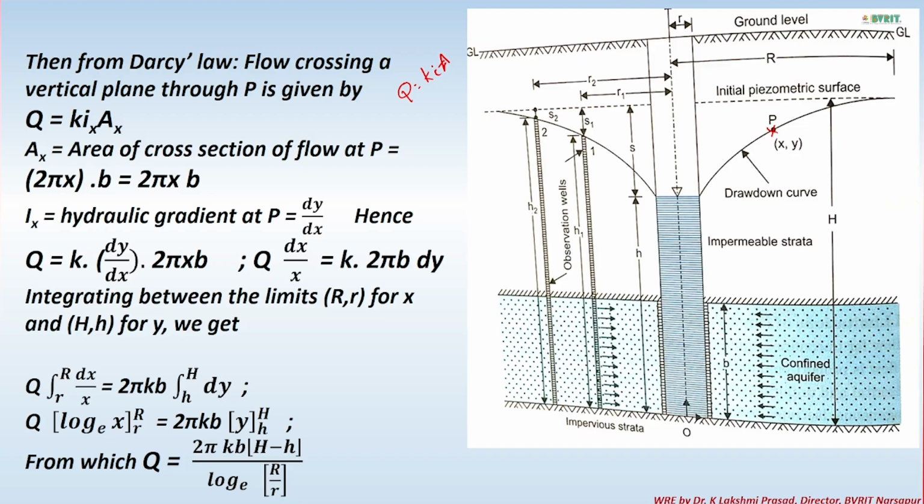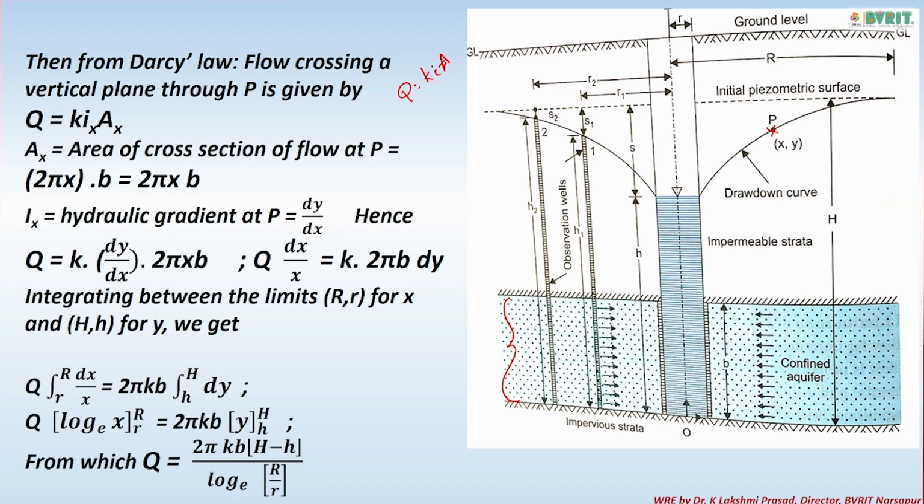And now from where is water drawn? Water is not drawn from this entire thing. Water is not drawn from here to P. Water is drawn only from this portion. This is the portion where the water is available. The rest, because the water is confined between two layers, naturally the pressure there is more than atmospheric pressure.